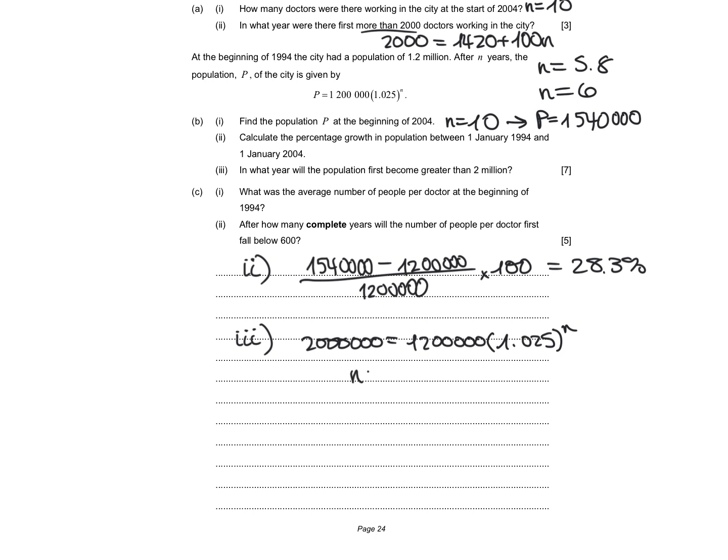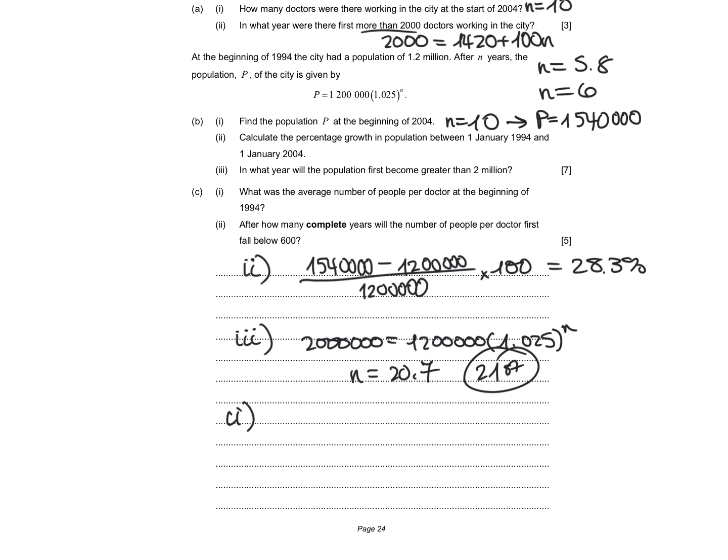So this ends up being 20.7 when you N solve it. So not until the 21st year is the population greater than 2 million.